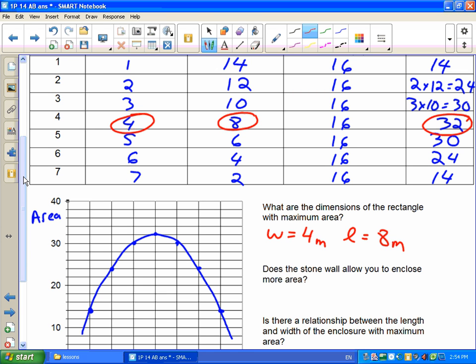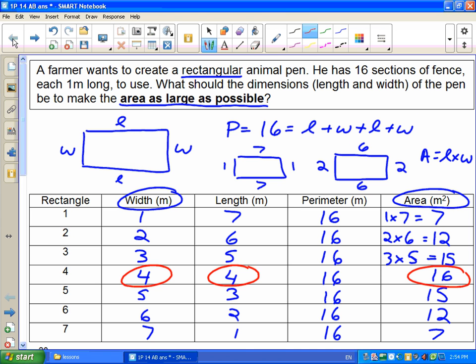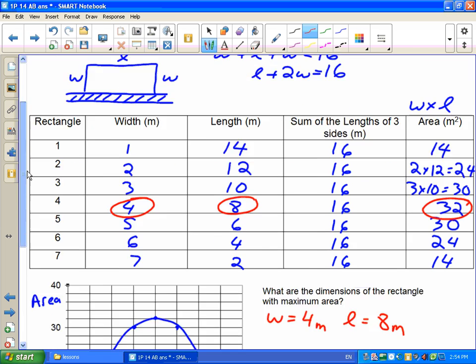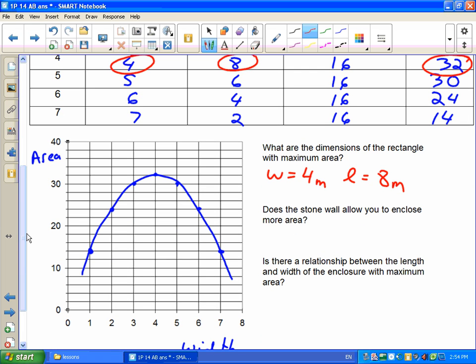Well, let's see. With 16 meters of fencing, here our pen has an area of 32 meters squared. In the previous question, if I flip back, the largest area we could enclose is 16 meters squared. So having that third wall lets us enclose twice as much area. So yes, twice as much.